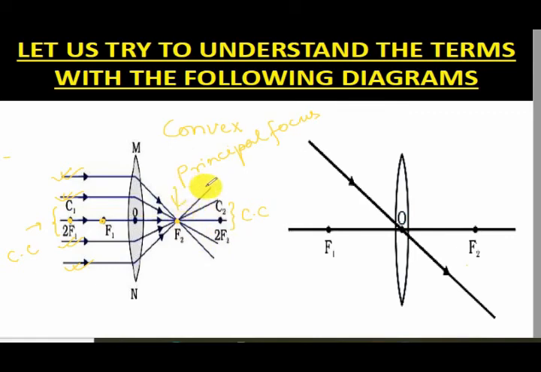In order to define the principal focus of a convex lens, we take parallel rays coming from one side of the lens. Then when they pass through this lens, what is the phenomenon that is taking place? Reflection or refraction? Please reply.